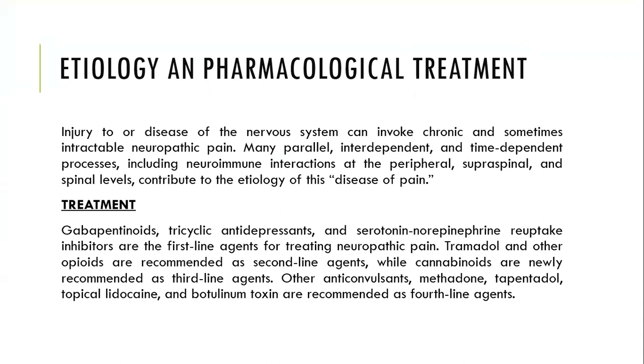Now, how do we manage, or what are the treatments for, neuropathic pain? Nociceptor pain can usually be treated with analgesics, but very often analgesics don't work with neuropathic pain. If possible, we treat the underlying causes.